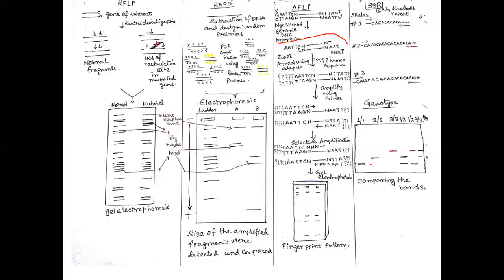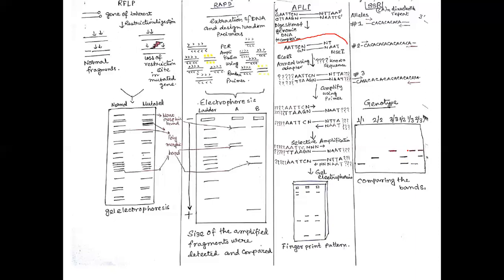So thus it will be easier for us to identify normal versus disease, or which allele is responsible for which particular phenotype. For example, suppose you have identified a particular phenotype, normal versus a different phenotype; you will get DNA from two different groups of individuals.